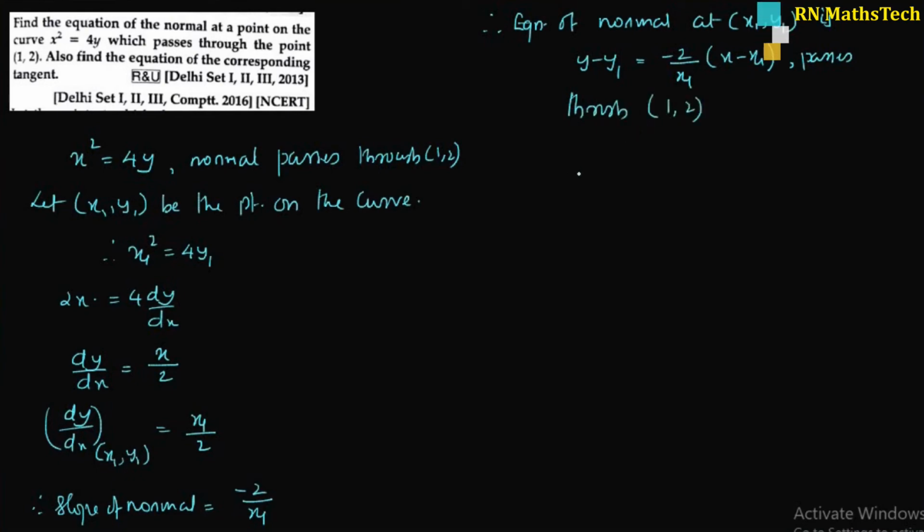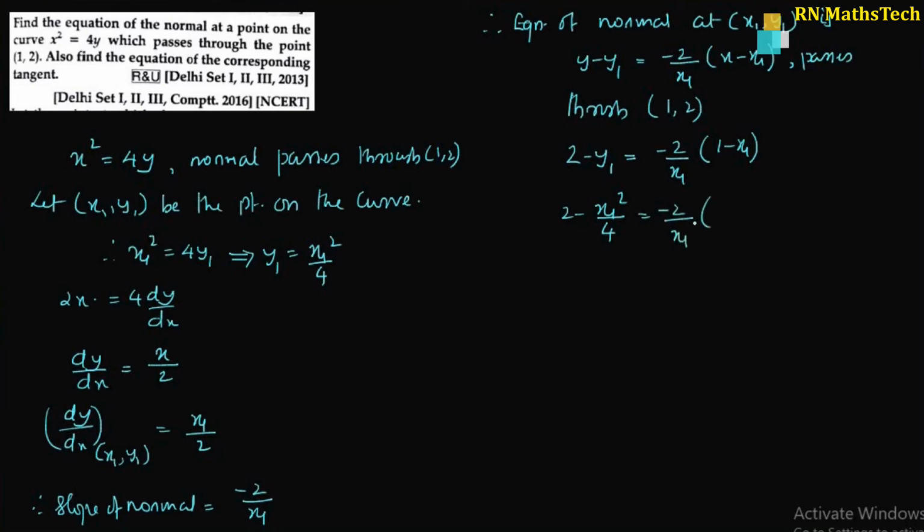So 2 minus y1 is equal to minus 2 by x1 into 1 minus x1. Now y1 is replaced by x1 square by 4, so 2 minus x1 square by 4 is equal to minus 2 by x1 into 1 minus x1.